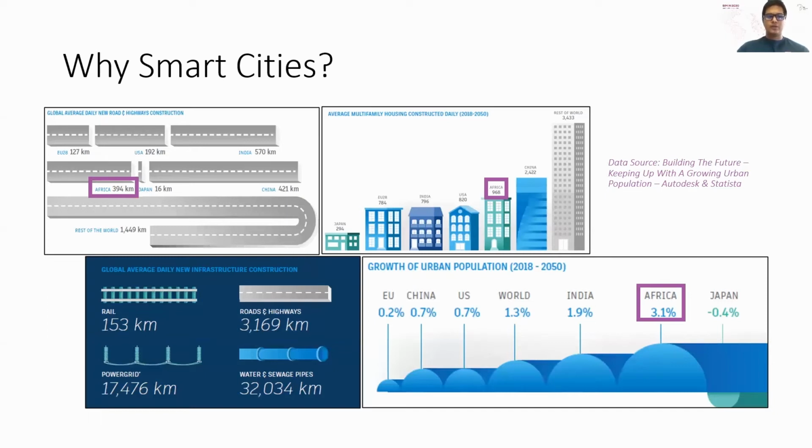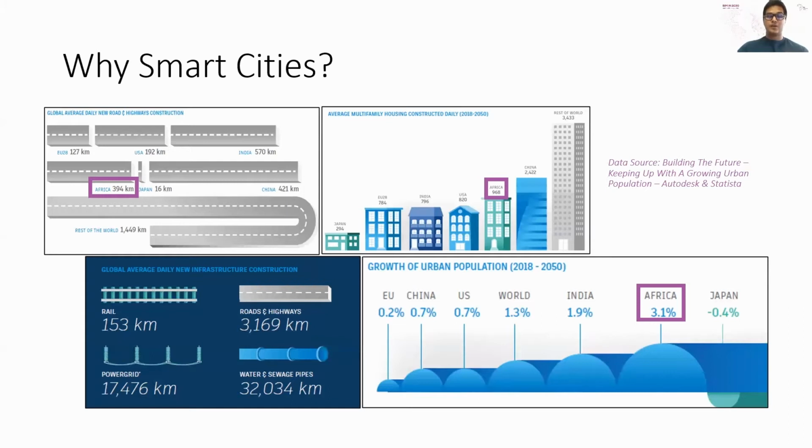So in a nutshell, if you're looking at a global average, we need 153 kilometers of rail. Keyword here is daily. I mean, that is quite a big number. Roads and highways, 3,169 kilometers. Power grids, of course, utilities form a great part of this, 17,476 kilometers, and water and sewer pipes, 32,034 kilometers.